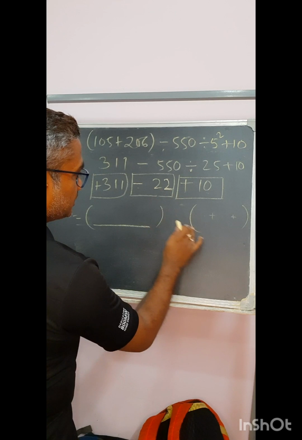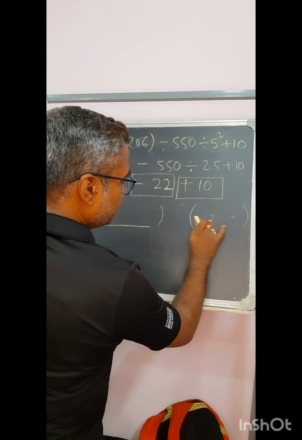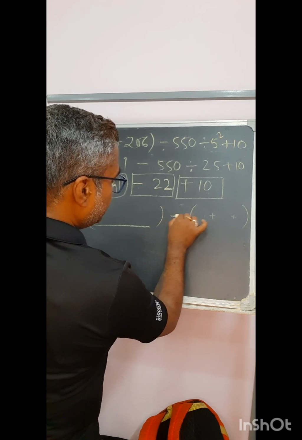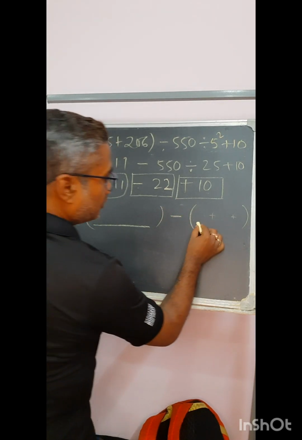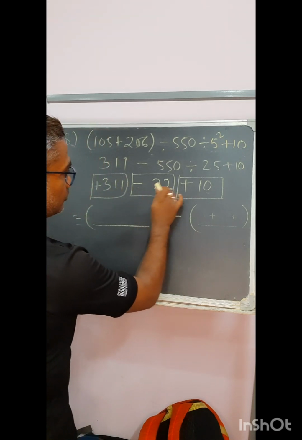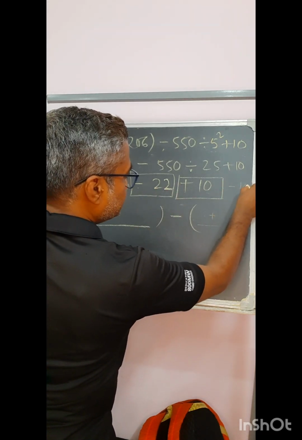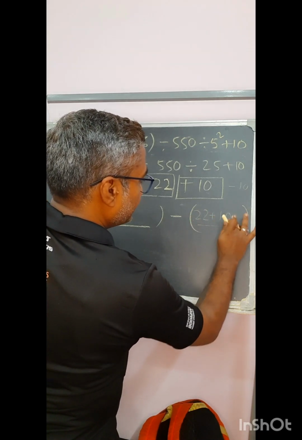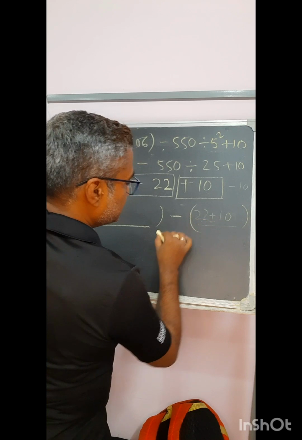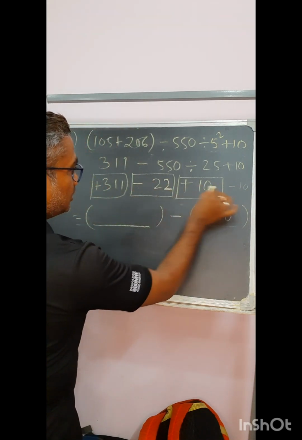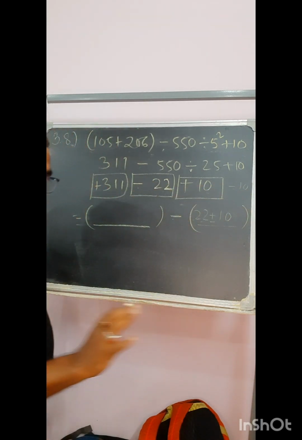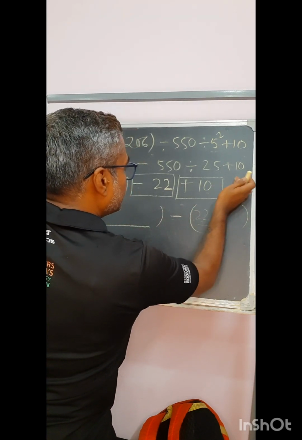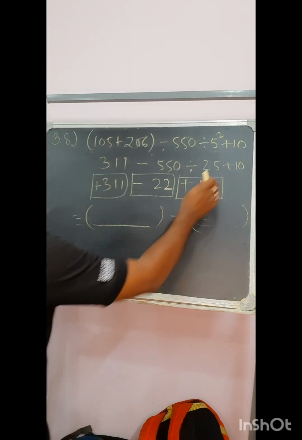So all negative numbers have to be kept in one bracket with a positive sign in between, and a single minus will be outside the bracket where I kept all the negative numbers. So if it's 22, let's say there is also minus 10, I will put 22 here, 10 here, and in between the sign will be positive, and the negative sign will come outside the bracket. For the sake of understanding I am explaining, whereas it is not containing any 10 further.